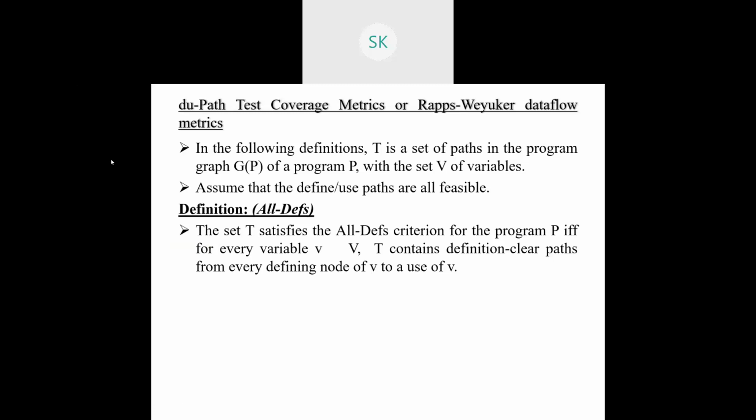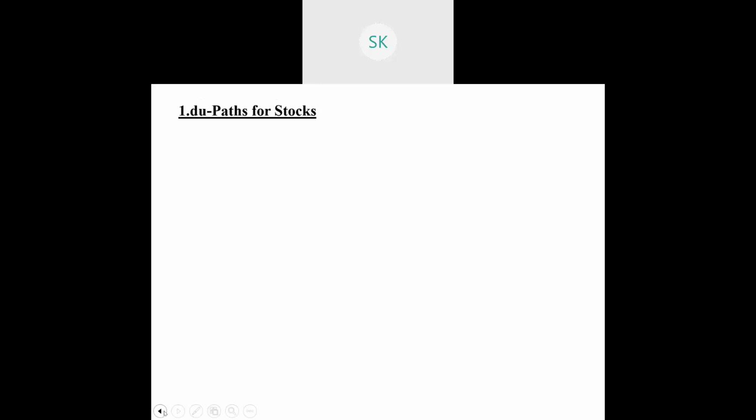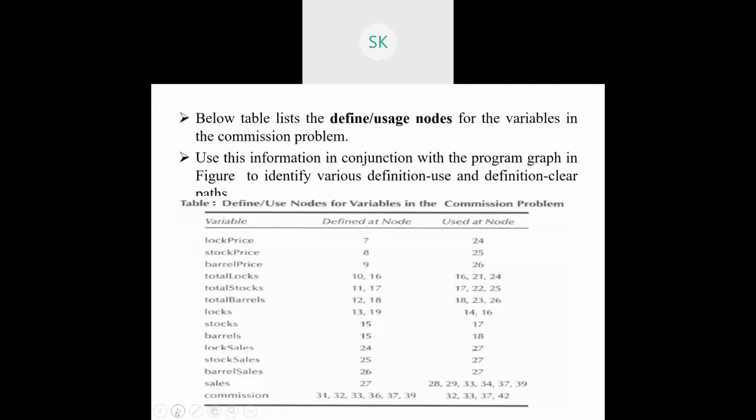Or else we'll go back to the previous slide because we have already defined these DU paths, right? Just take up one such example. See here, I'll take the example of total locks, with respect to the commission problem I'm talking about.